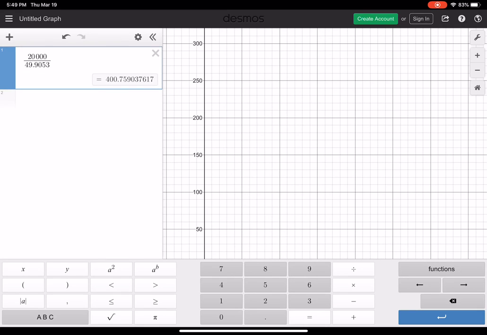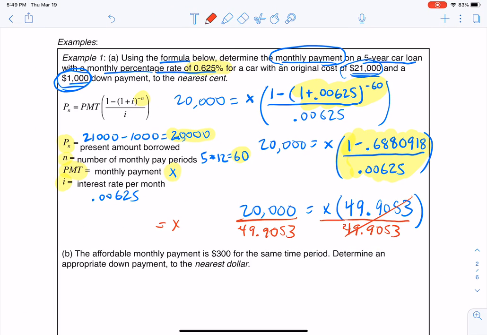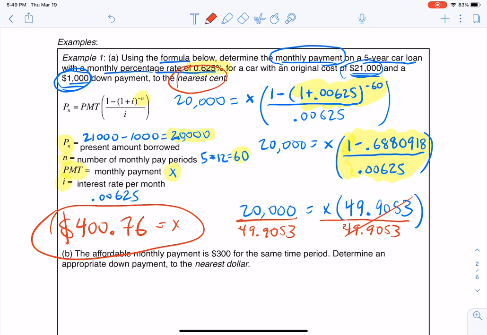And I get 400.759. This is our monthly payment, so let's round that to the nearest cent. So that would be $400.76. That's going to be my monthly payment.